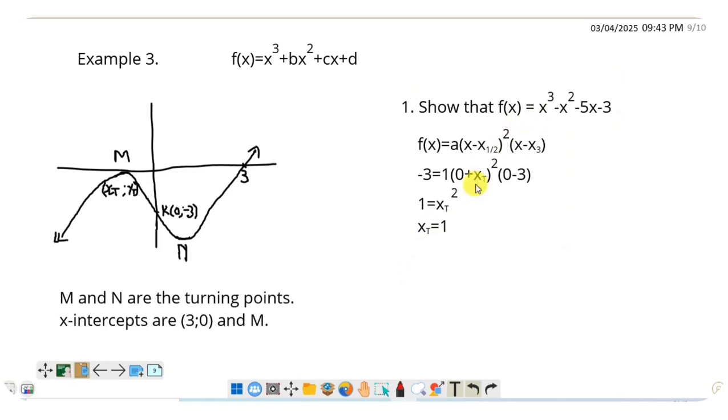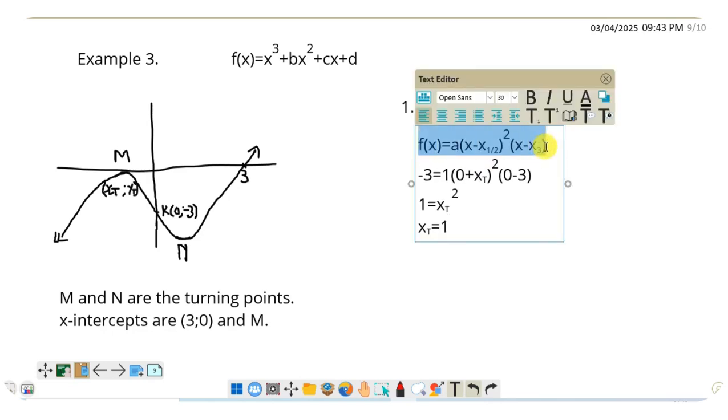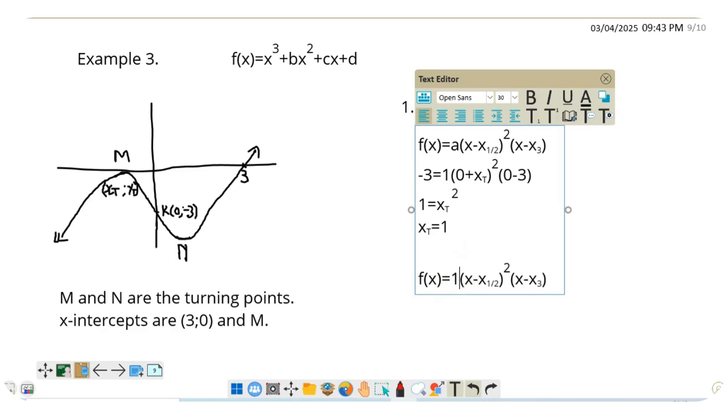Okay, so now I have xt. So if I have xt, I can now proceed to find the equation. Copy this. Okay, so f of x equals 1 times x minus -1, so x plus 1, right? For any point here, the x except for that side, and here x minus 3.